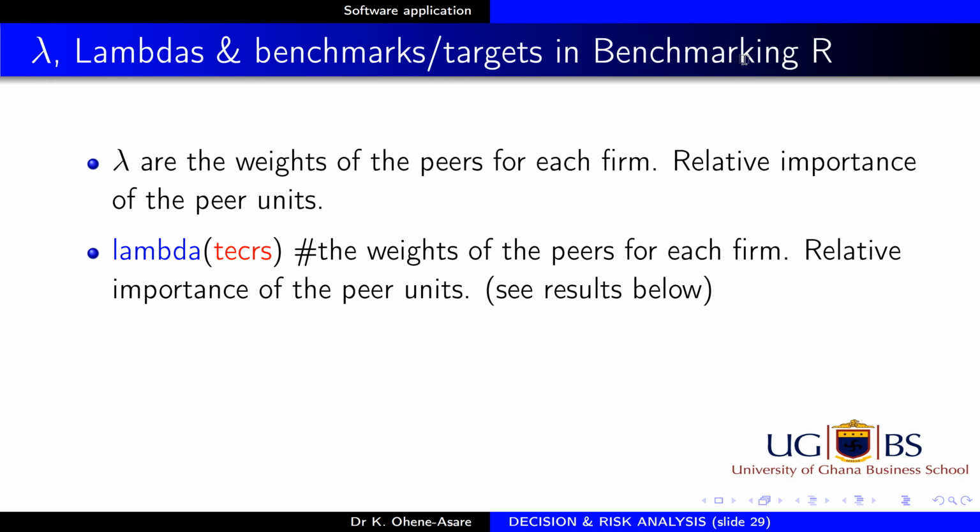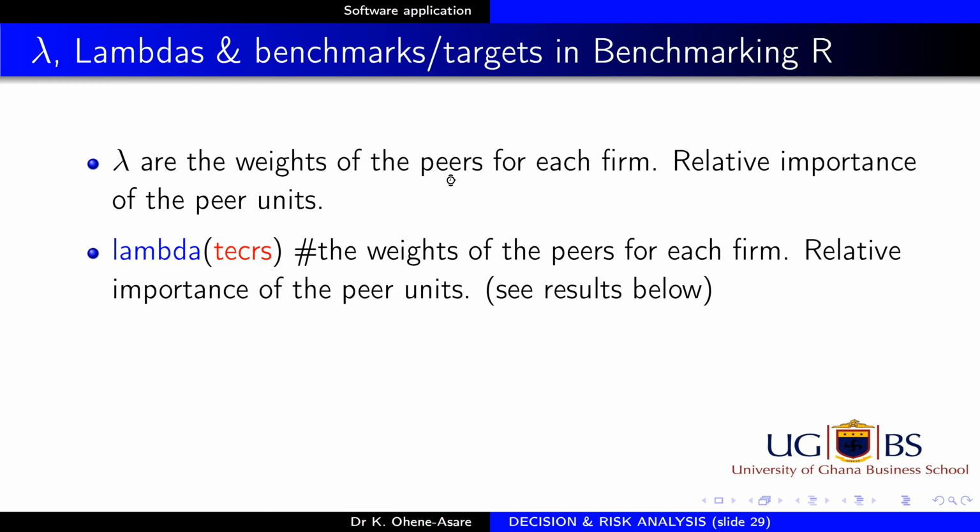And because you have a peer, it is important for you to understand that once you are a peer to another firm, you will have a lambda. So the lambda becomes the weight of the peers for the firm.